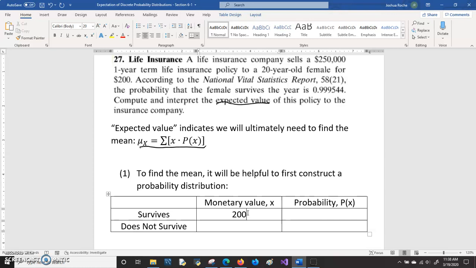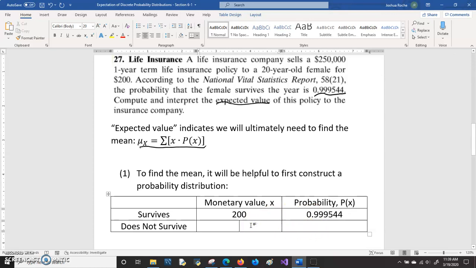And so that would be the value in that case to the company. And the probability of that happening is 0.999544. That's the probability that a typical 20-year-old female would survive.